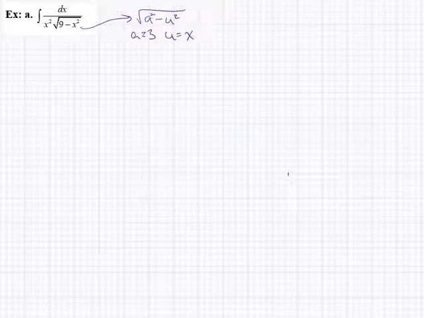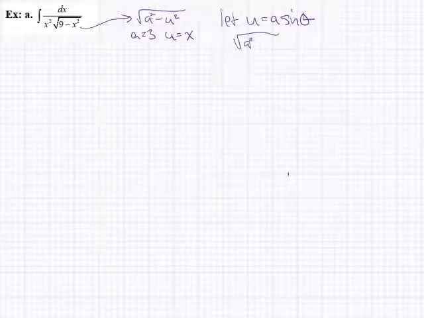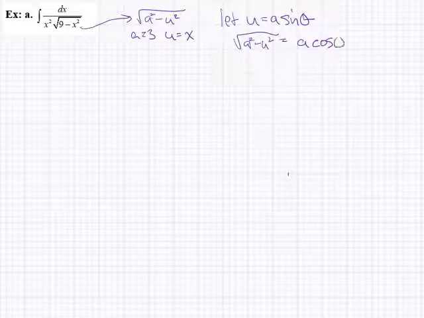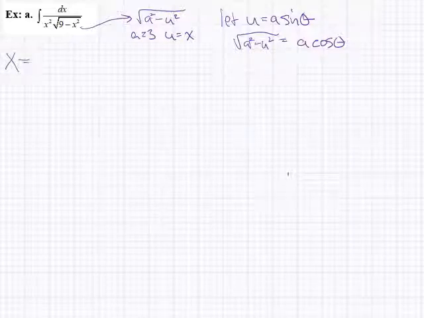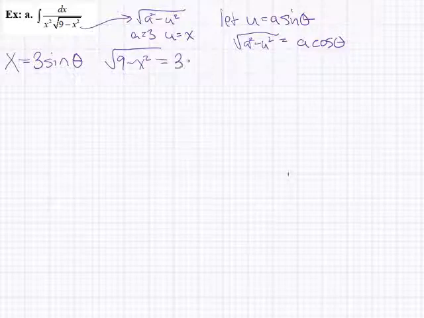So if we use the substitution where we're going to let u equal a sine theta, and therefore the square root of a squared minus u squared is going to end up equaling a cosine theta, then in this particular problem, that tells me that x, which is u, has to equal 3 sine theta. If we make that substitution, then the square root of 9 minus x squared will end up equaling 3 cosine theta.